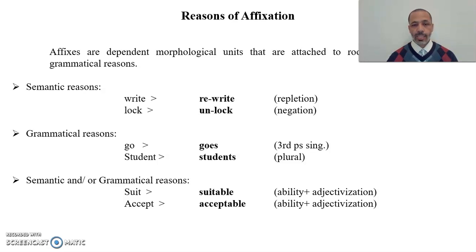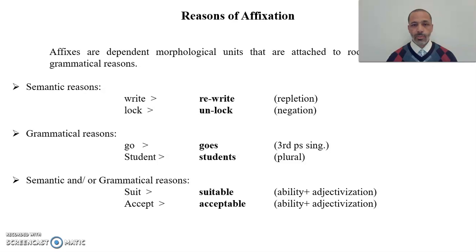So go becomes goes, third person singular. Student becomes students, where you pass from the singular to the plural, and so on. The third reason why we do affixation is semantic and/or grammatical. You can have a semantic and a grammatical reason at the same time.